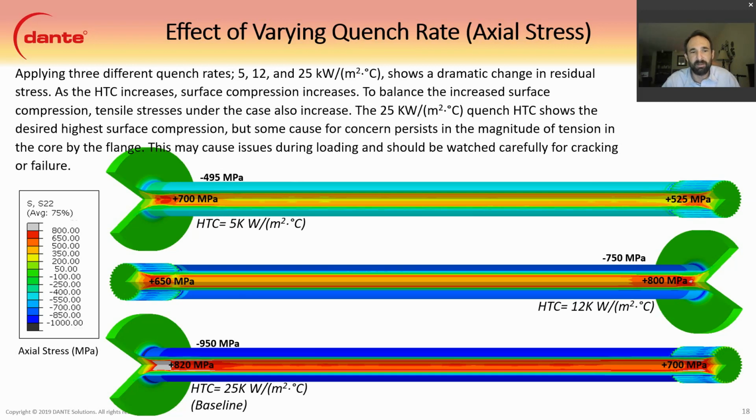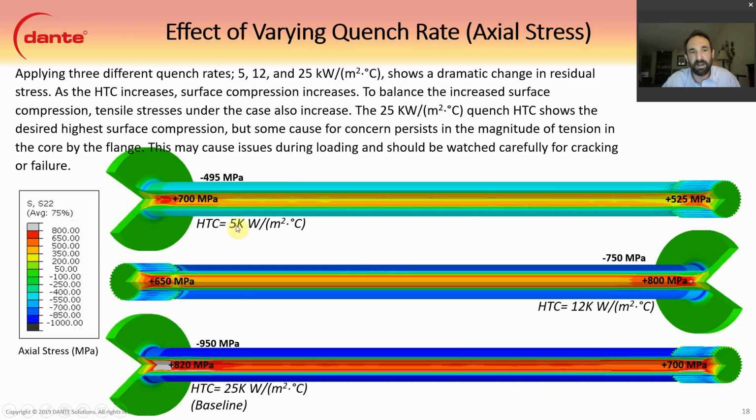And you can see that the baseline, so we assume this is what they were actually using, is a 25 kilowatt per meter squared C. We end up with about 820 MPa down here in the core down by the flange, which is extremely high. You have great surface compression, but if you can't load it properly without cracking the part due to the residual stresses, then the surface compression has to come down some.